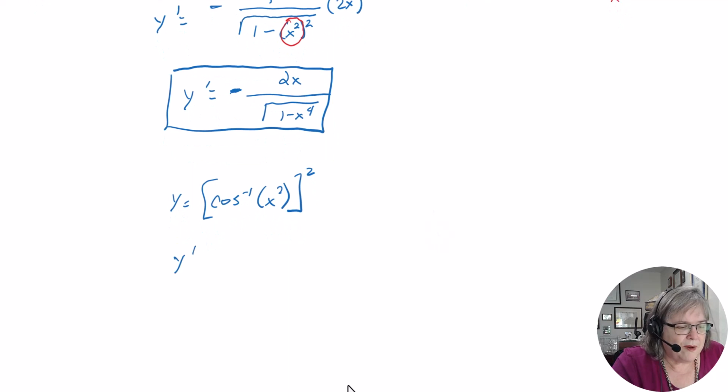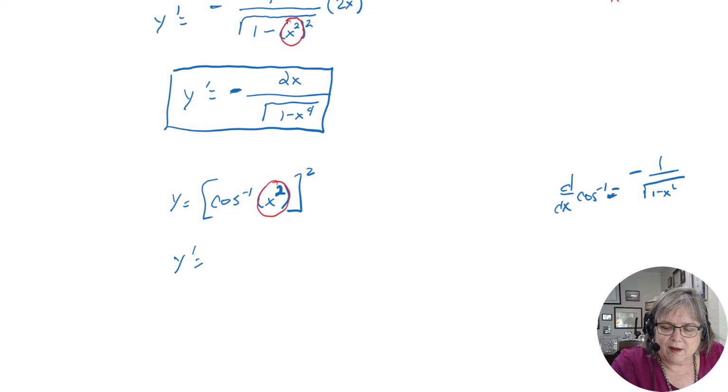So y prime is, and we had the derivative with respect to x of the inverse cosine is minus 1 over the square root of 1 minus x squared. So in this case, our inside is still x squared, and this is x squared in here, and I dropped my x off there.